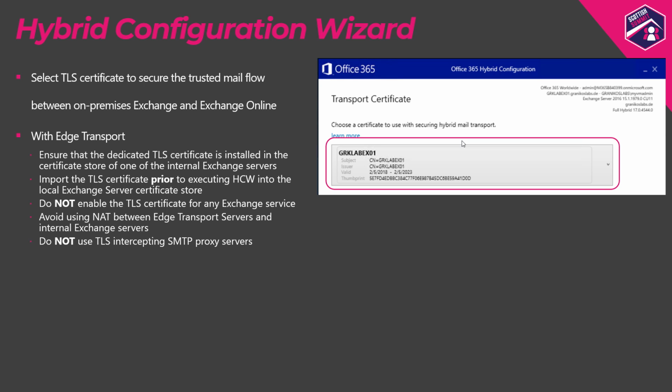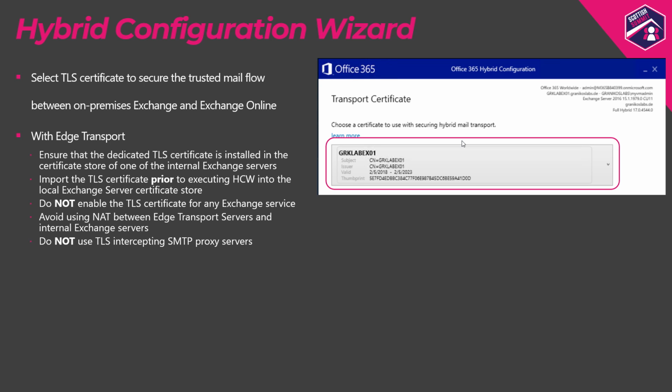The certificate information, so the common name or the subject, is configured in the inbound connector in Exchange Online. When not using an Edge transport server, you have to select the dedicated certificate that you've used for your hub transport servers.